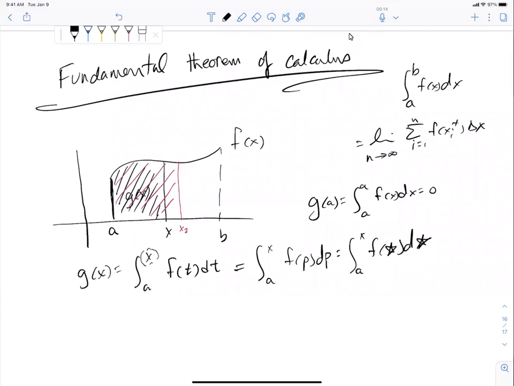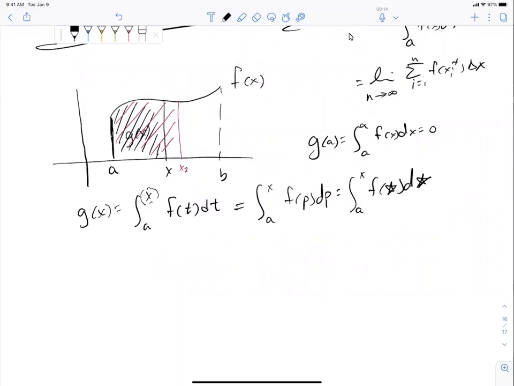Okay, I hope you understand what that g is. So the first part of the fundamental theorem of calculus makes some claims on that g.